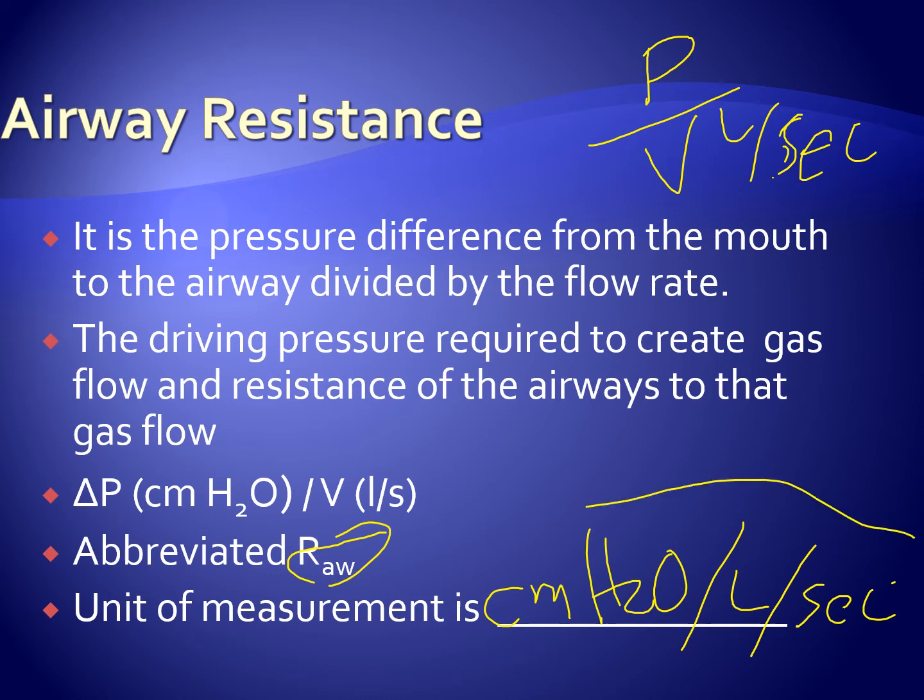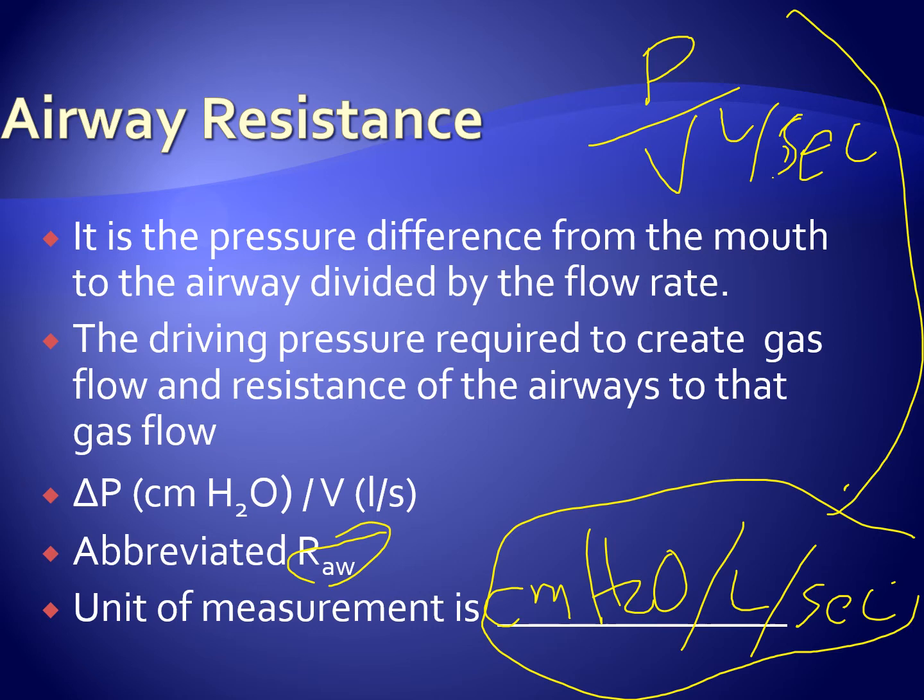Hey, if all I remember is my units, then I know how to actually do the equation, because when we go up here, my pressure's in centimeters of water pressure, and my flow is in liters per second. So if I know that Raw is in centimeters of water per liter per second, then I know my calculation is pressure over flow.